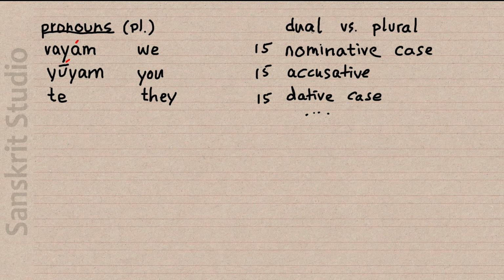It's a pair of people or things. So two, and then plural. Unlike in English, plural means three or more. In English, plural means two or more, but not here.